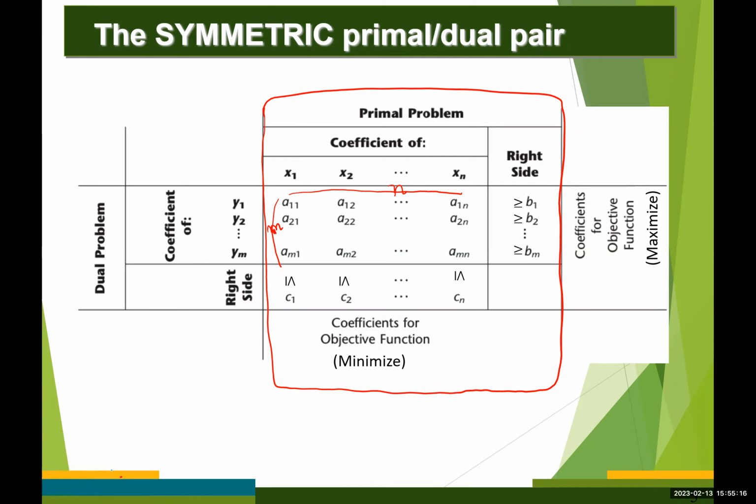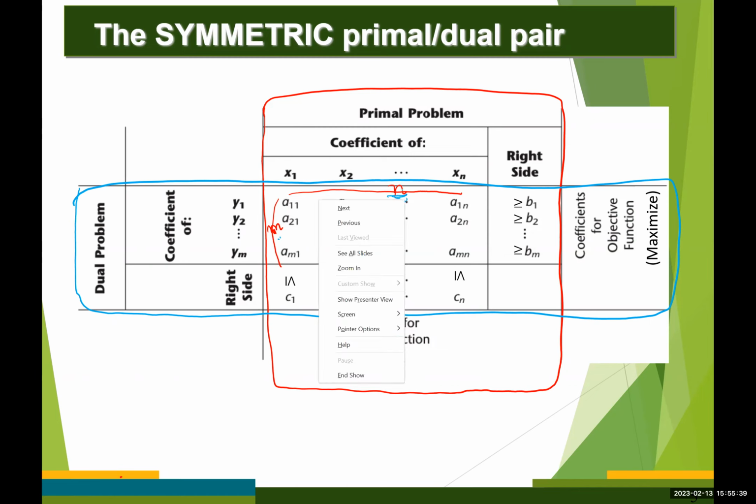is going to be n by m. So in the dual LP, there are going to be n different constraints, not including the non-negativity, and m different variables.